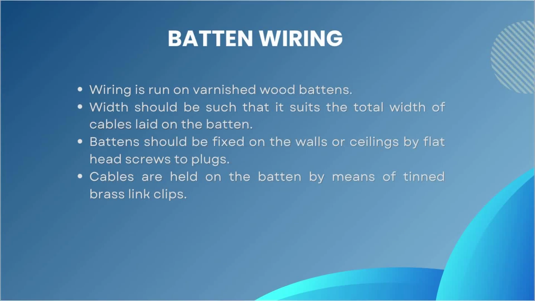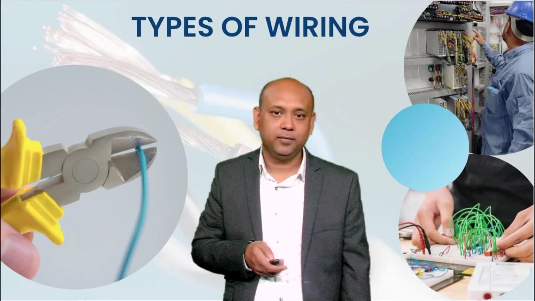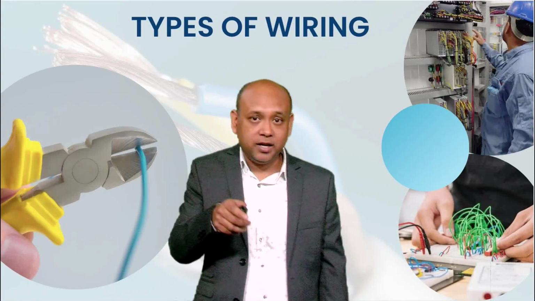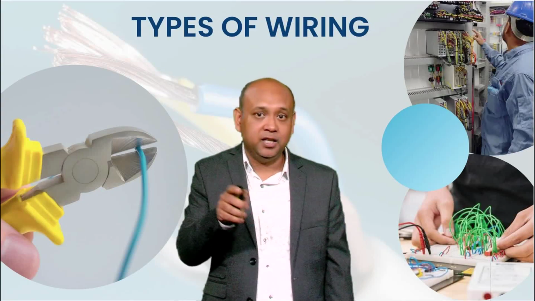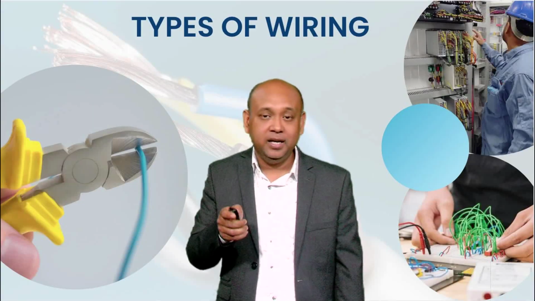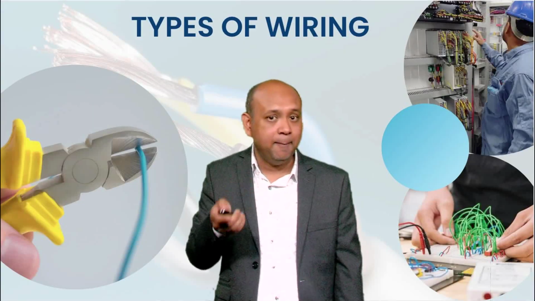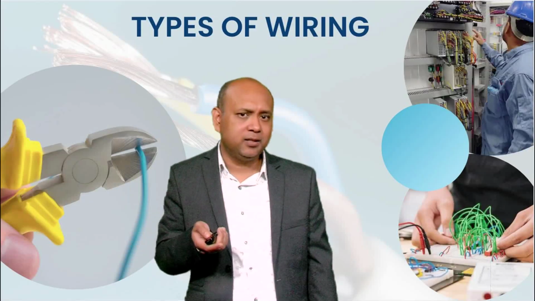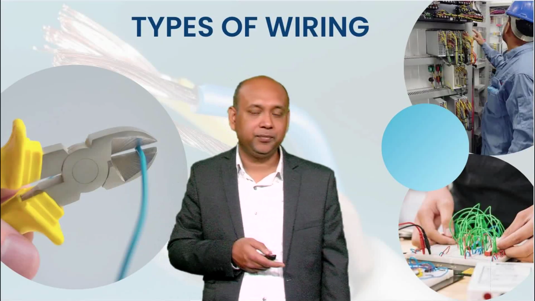This type of wiring is commonly used for indoor applications where mechanical protection is not a major concern. Batten wiring is easy to install, cost effective, and provides a neat appearance. However, it is not suitable for damp or outdoor conditions, as the wooden battens may deteriorate over time.